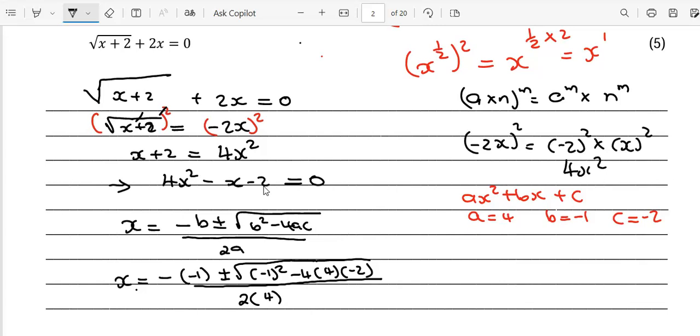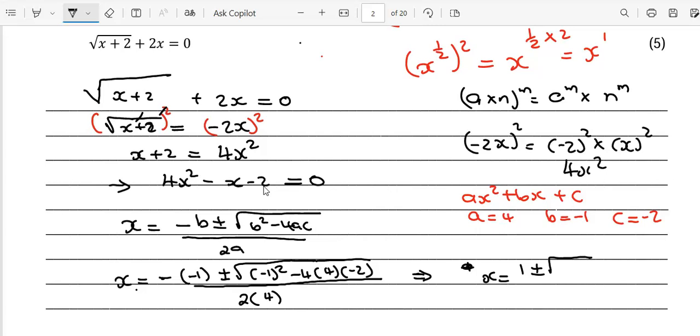Therefore, if you work this out on your calculator, first thing first, negative times negative gives us positive 1. So I'm just going to write x is equal to 1, plus or minus the square root of inside the bracket minus 1 squared, which is 1.